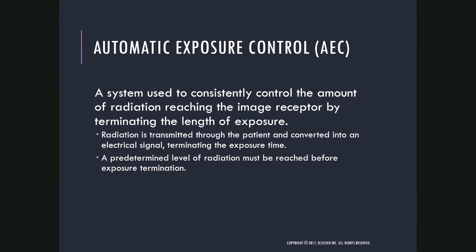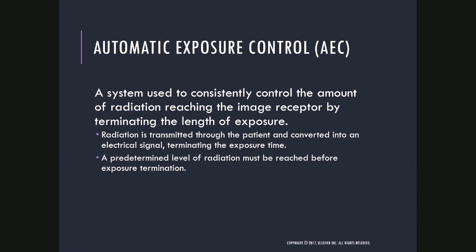Lots of objectives. Okay. Automatic exposure control. I keep saying AEC, and you guys have probably heard AEC at clinical, but you may or may not realize exactly what that means. What that means is an automatic exposure control system. It is a system that is set up to make sure that the radiation used for producing images is consistent.